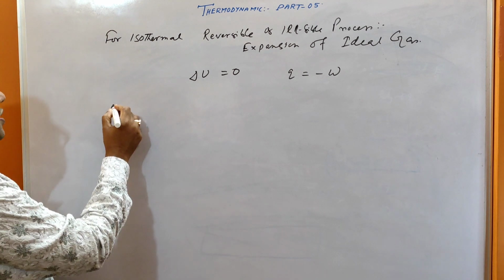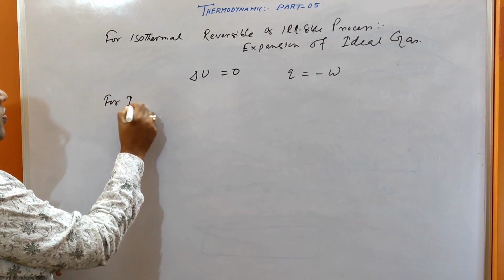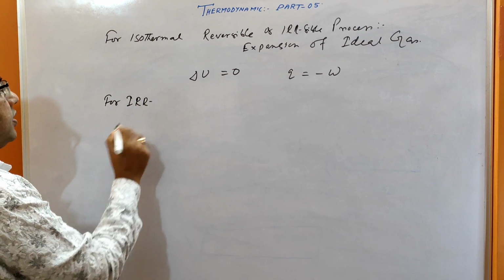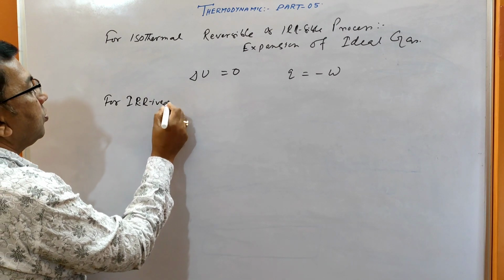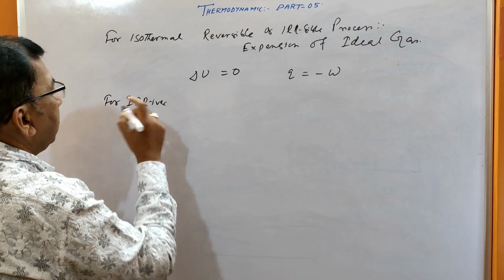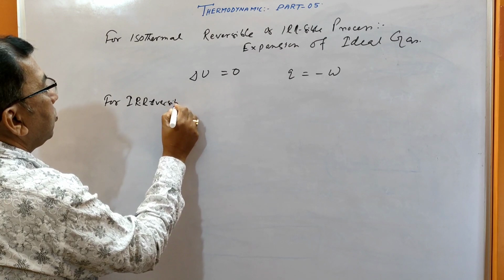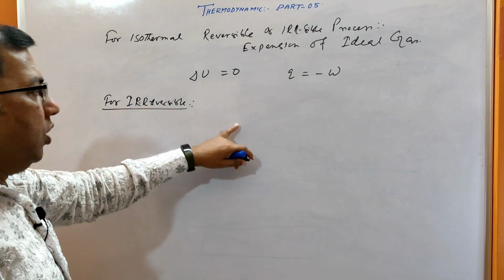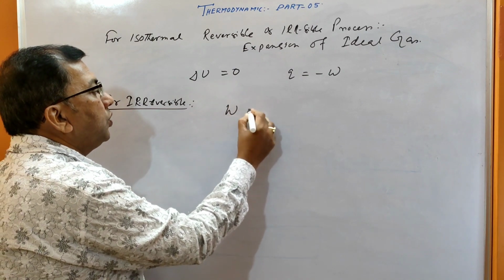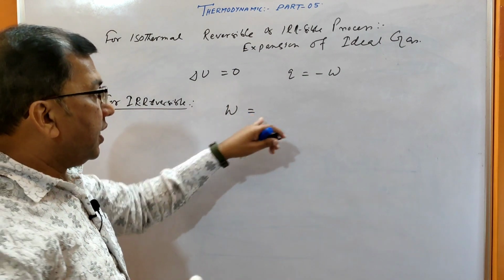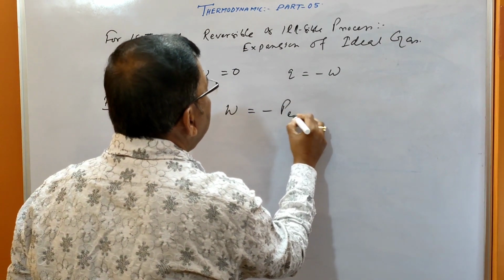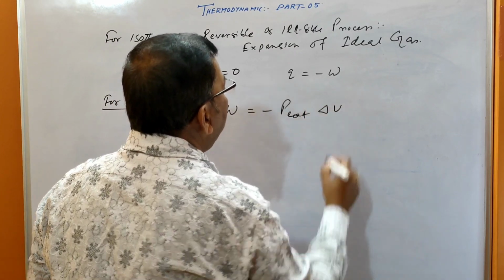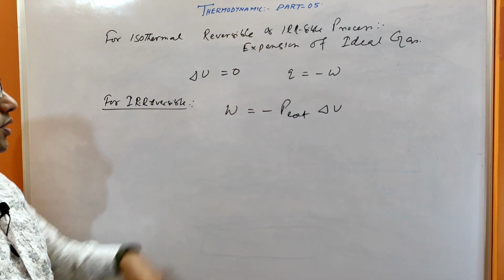Now for irreversible expansion. For expansion, we know W equals minus P external delta V, as we discussed in earlier classes for isothermal irreversible expansion of gas.